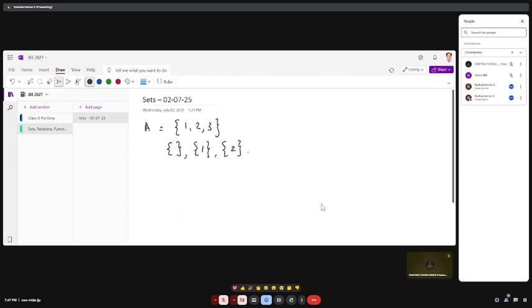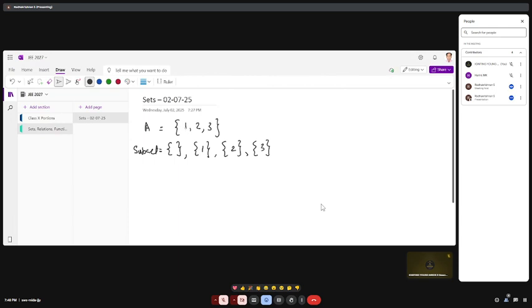This is one subset, correct? This is a subset because we are taking something from the whole. We're not taking everything, but whatever is in this set. It should be there in set A. That is the only condition.